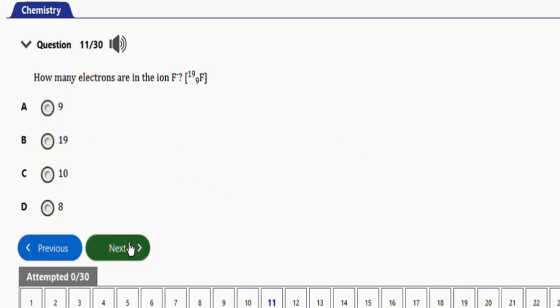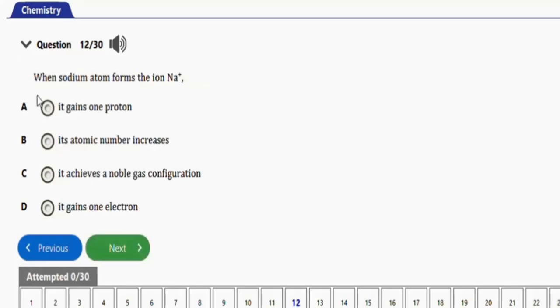Next question will be this one. When a sodium atom forms the sodium ion, it gains 1 electron, 1 proton. Its atomic number increases. It achieves noble gas configuration. It gains 1 electron. The right option will be option C. It achieves a noble gas configuration because it's a charged atom, right?